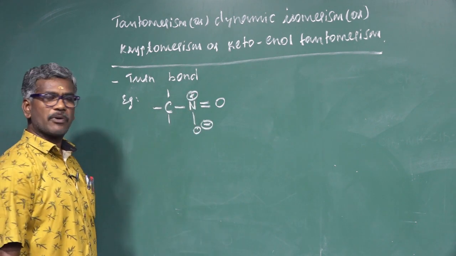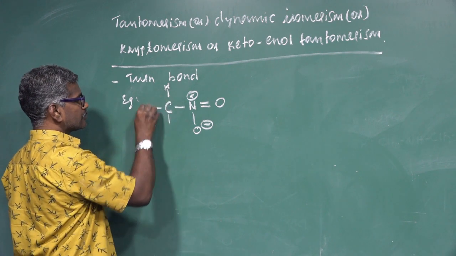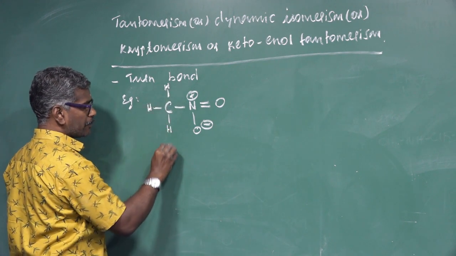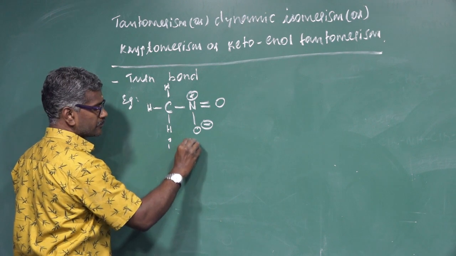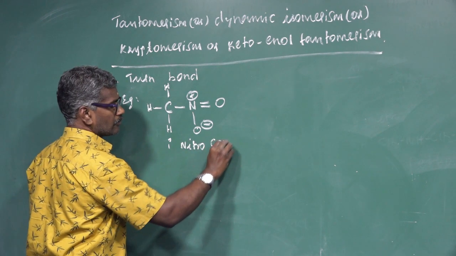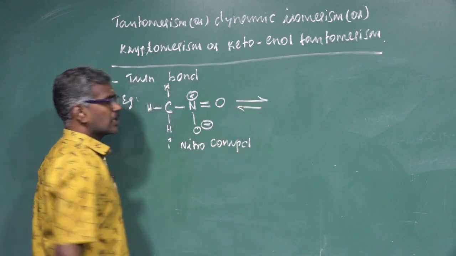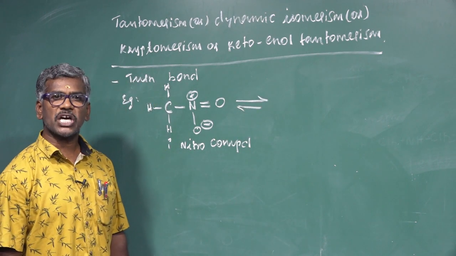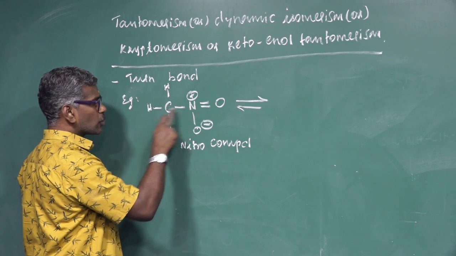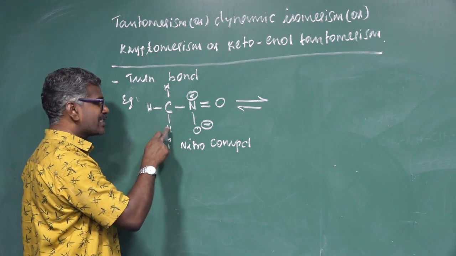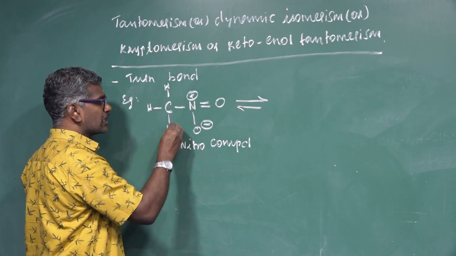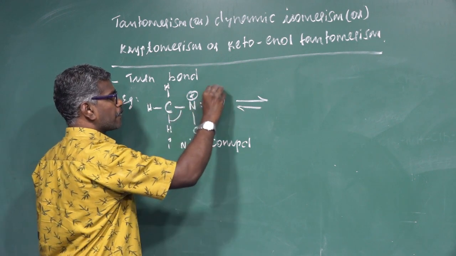This is the best example, nitro compounds, primary nitro compounds. This undergoes tautomerism. Tautomerism is nothing but migration of alpha hydrogen. The functional group is nearest to the alpha carbon. This hydrogen migrates towards the bond.